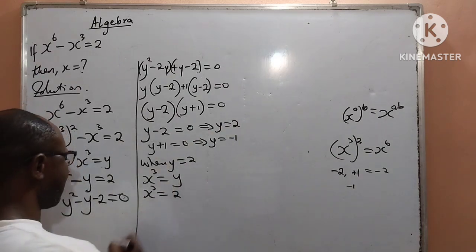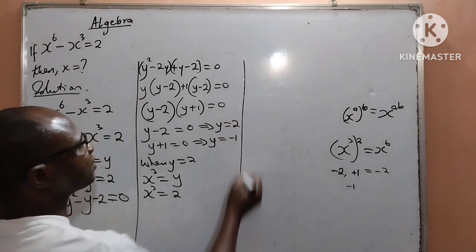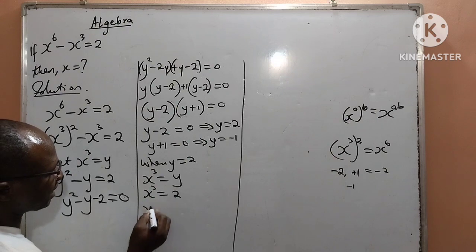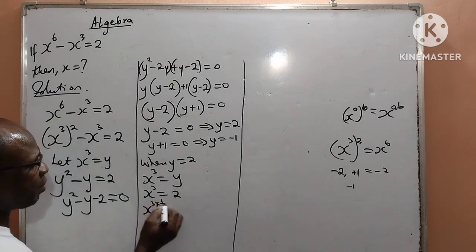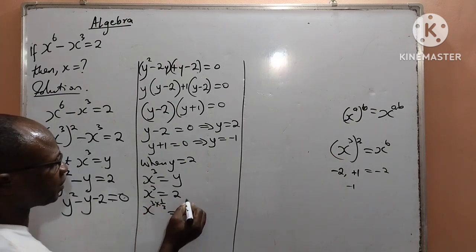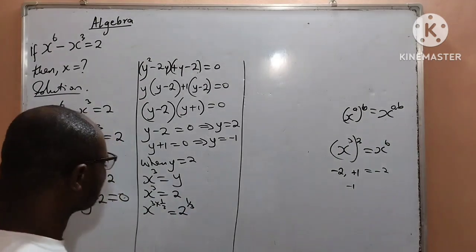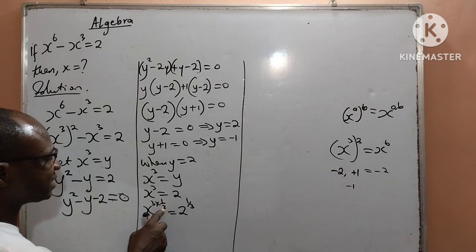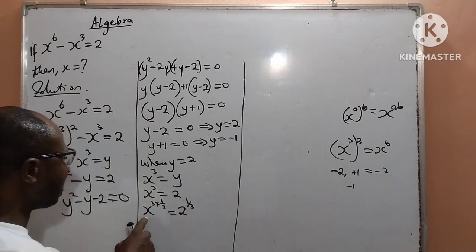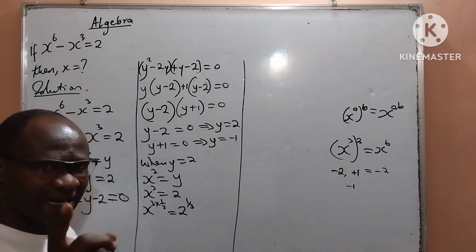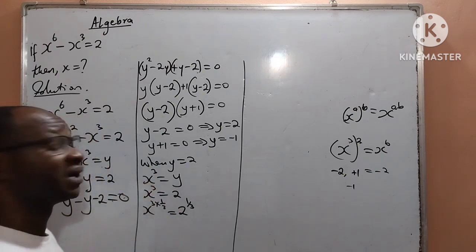Moving forward, I will now have it written as x raised to the power 3 multiplied by 1 over 3 is equal to 2 raised to the power 1 over 3. Applying this method is to eliminate the power of 3 on x, on the left hand side, so that I can just get only x.